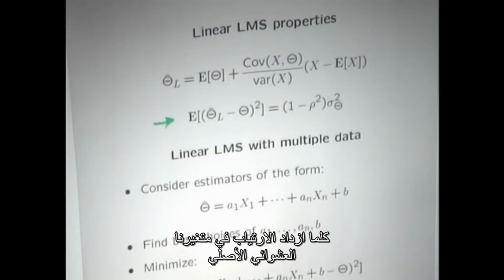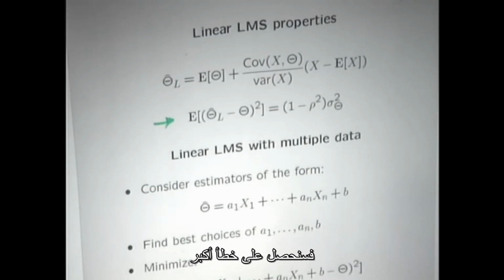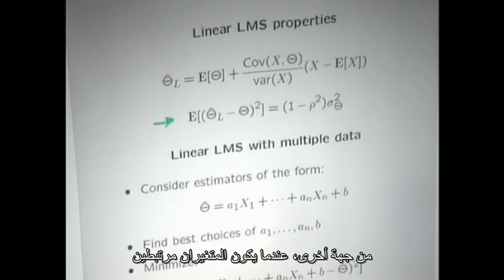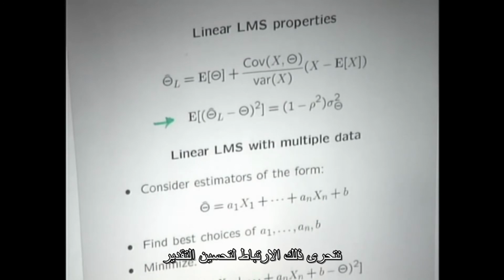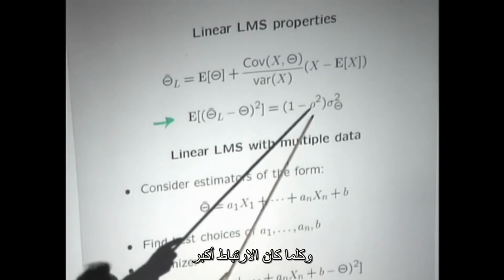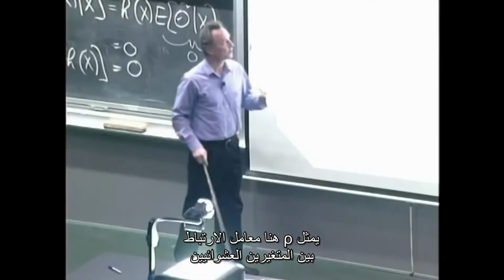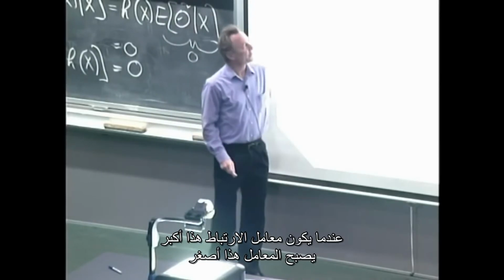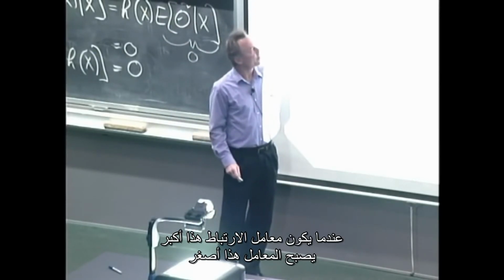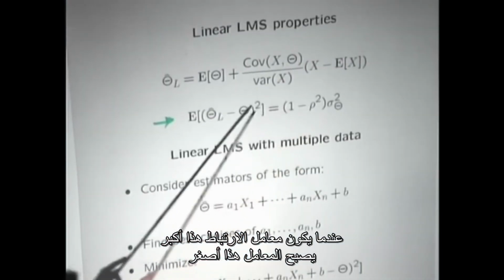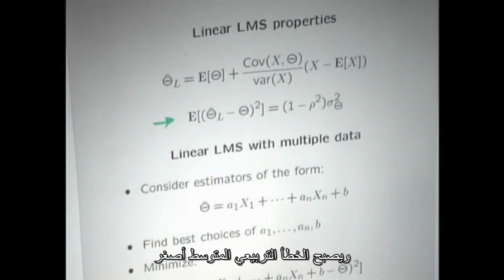The more uncertain our original random variable is, the more error we're going to make. On the other hand, when the two variables are correlated, we exploit that correlation to improve our estimate. And the bigger that correlation is, this rho here is the correlation coefficient between the two random variables. When this correlation coefficient is larger, this factor here becomes smaller, and our mean squared error becomes smaller.